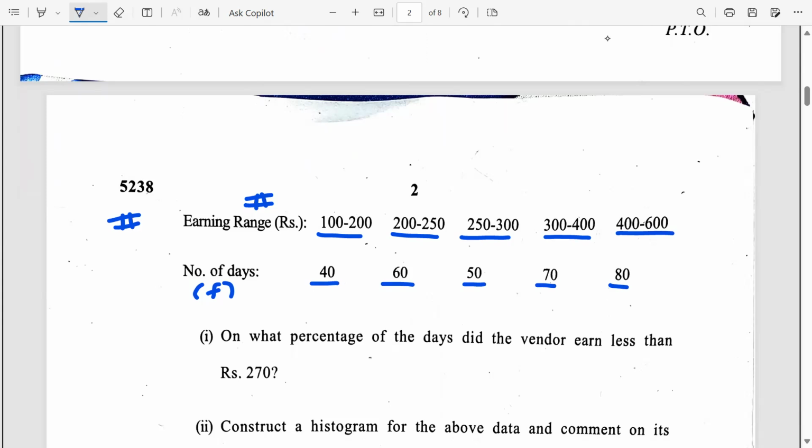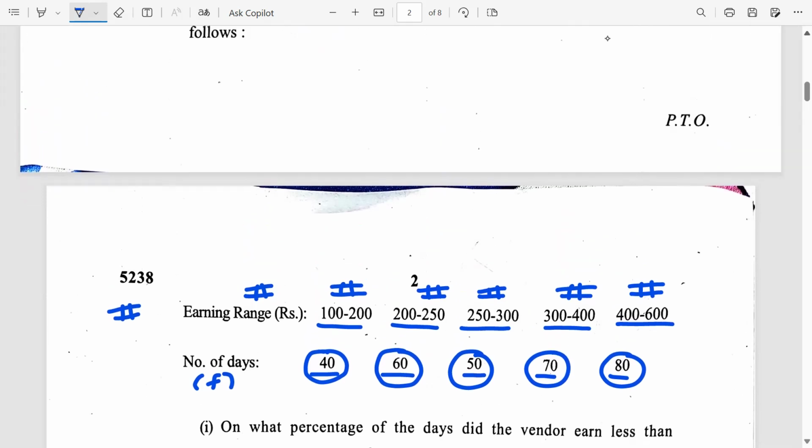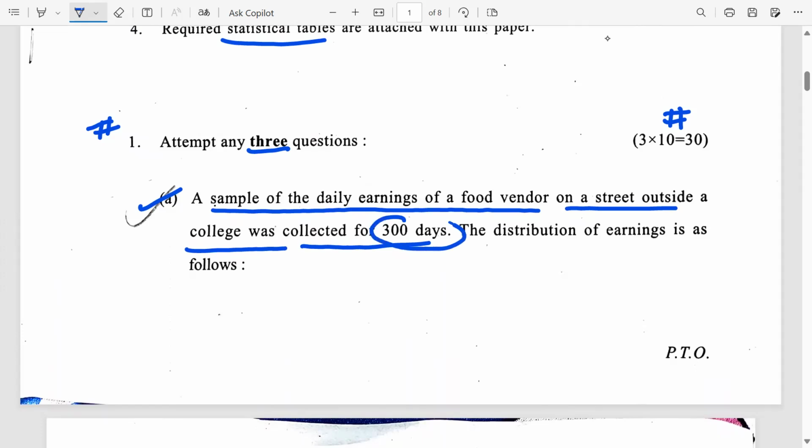That means on 40 days, the earnings are between 100 and 200. 60 days, the earnings are between 200 and 250. 50 days, the earnings are between 250 and 300. 70 days, the vendor earns between 300 and 400 rupees. And 80 days, he earns between 400 and 600 rupees. If you sum up the number of days, it comes out as 300, which is the total number of days given to us in the question.